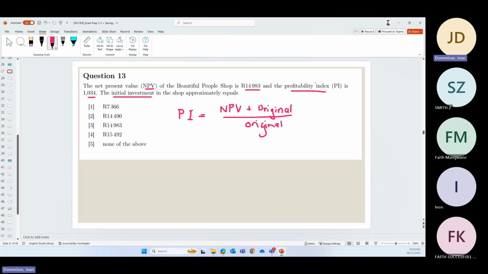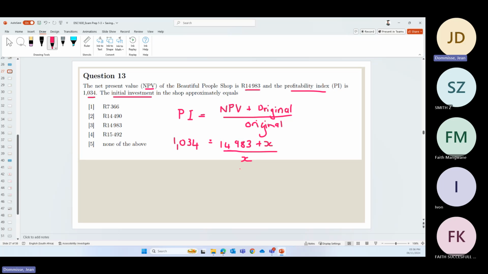We've got the profitability index of 1.034. We've got the net present value of 14,983, and then we can make the original investment the value of X.